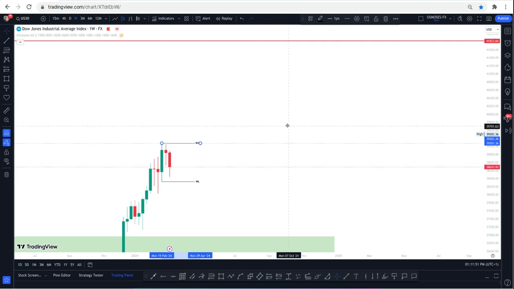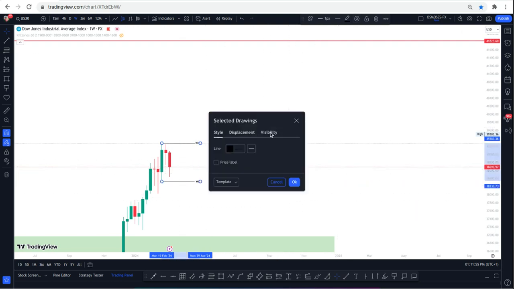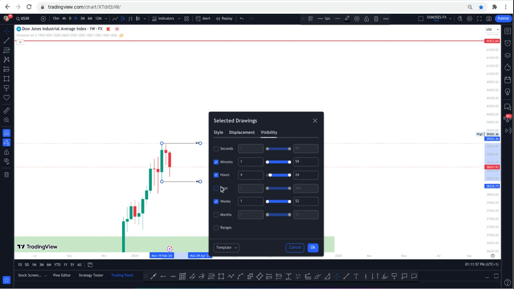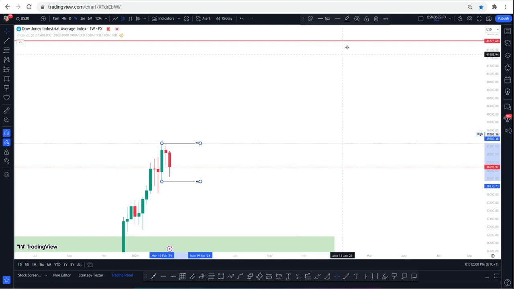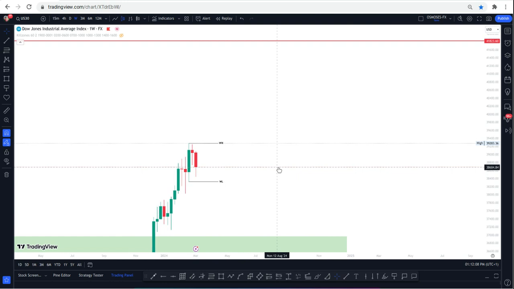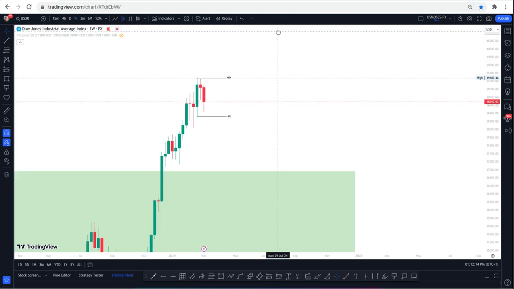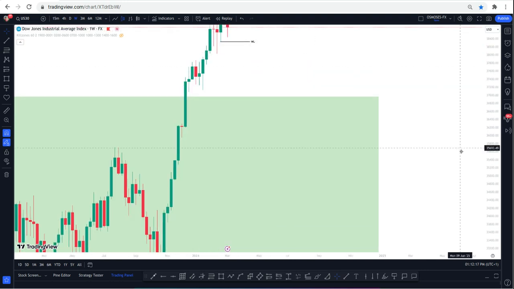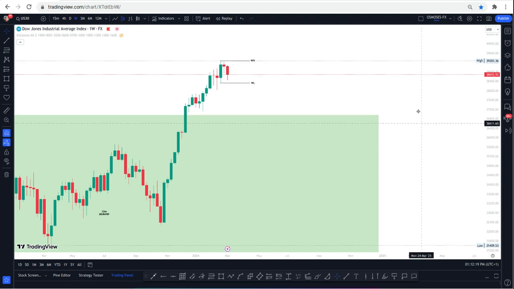So in these two zones, this is where we are presently, and I'm going to lock it down because I actually want to see the week high taken. Okay, so let's go down to see all the zones we have in here.